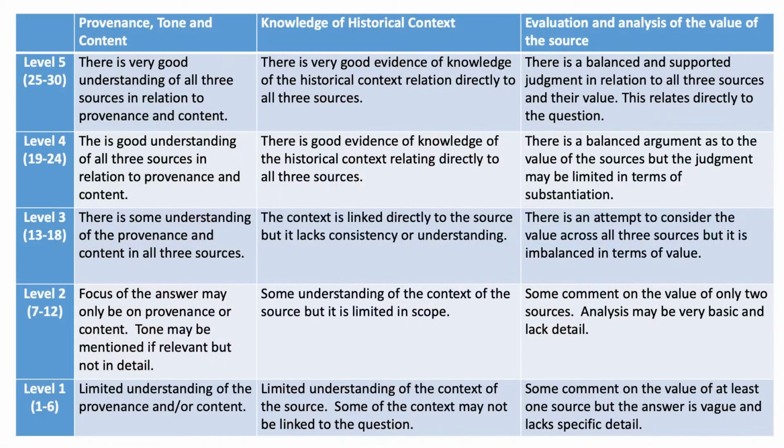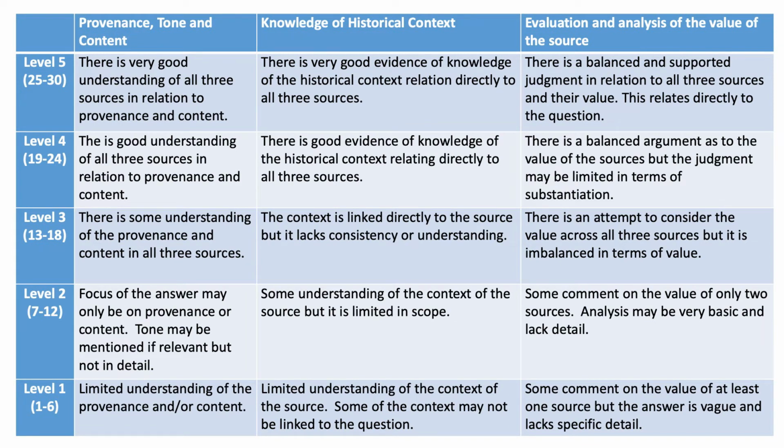And when we get to level 3, that's when we start seeing an attempt to consider the value across all three sources. So if you have not written about provenance and content on all three sources and given a judgment on all three, you aren't going to level 3. And it's really important you understand that.